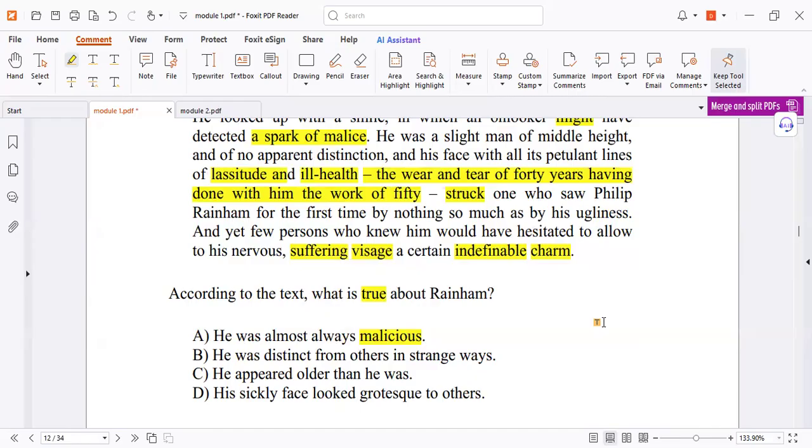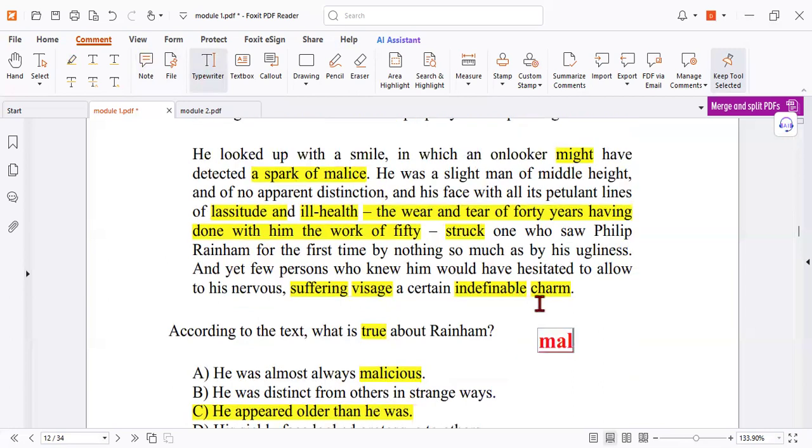Sir, I noticed that this whole paper, this whole PDF file, is much more difficult than the other papers that we usually do. No, no, it is the same. And the same words, see? But we need to master the Latin roots. Any word that has mal means something bad, something doesn't work well, like maltreatment, malfunction.